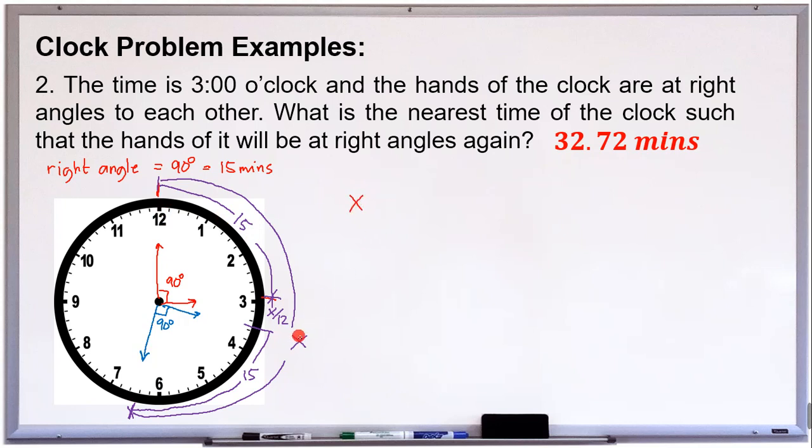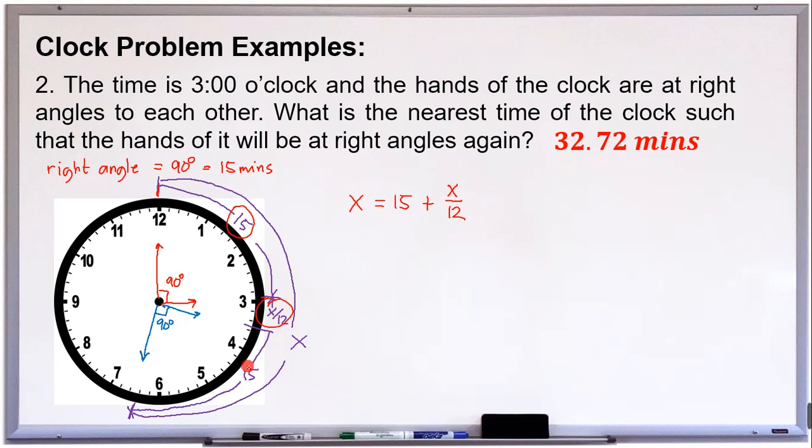And then this distance is also equal to the sum of these small distances. So what are these small distances? We have the 15 minutes plus the distance covered by our hour hand, that is x over 12.